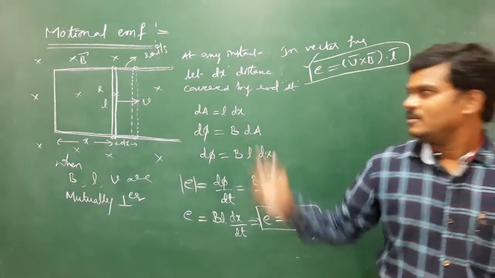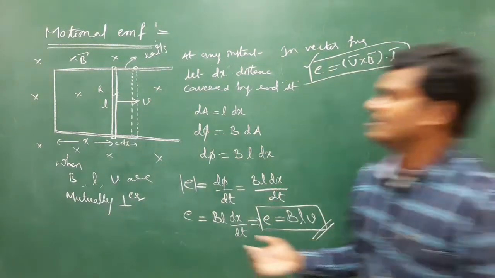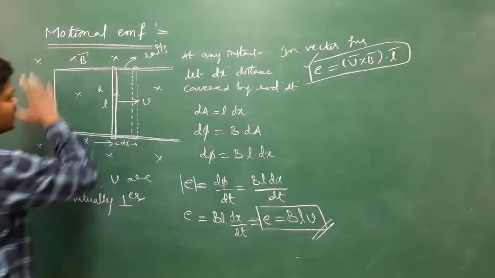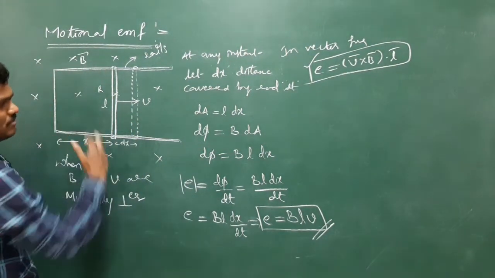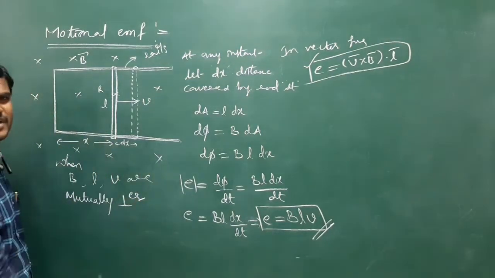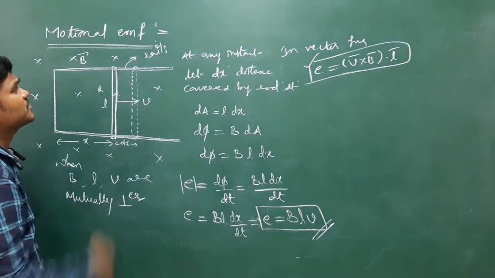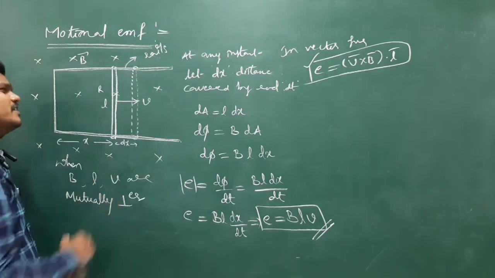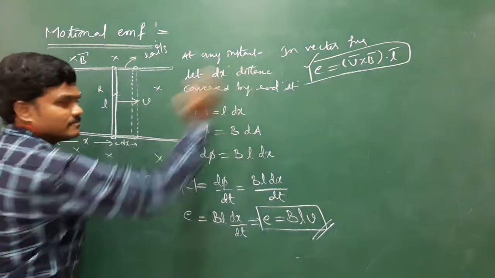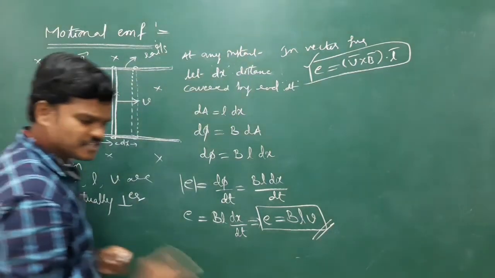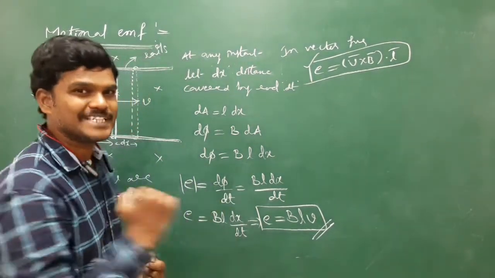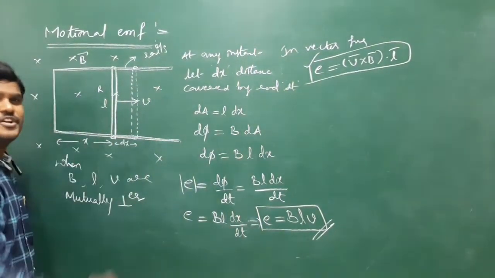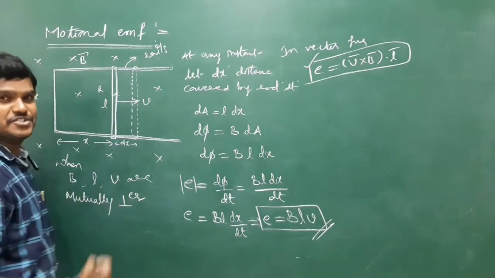Now let me see in what direction the induced current will flow. Of course, we can apply Lenz law to expect the direction of the induced current here. Just recall the Lenz law.